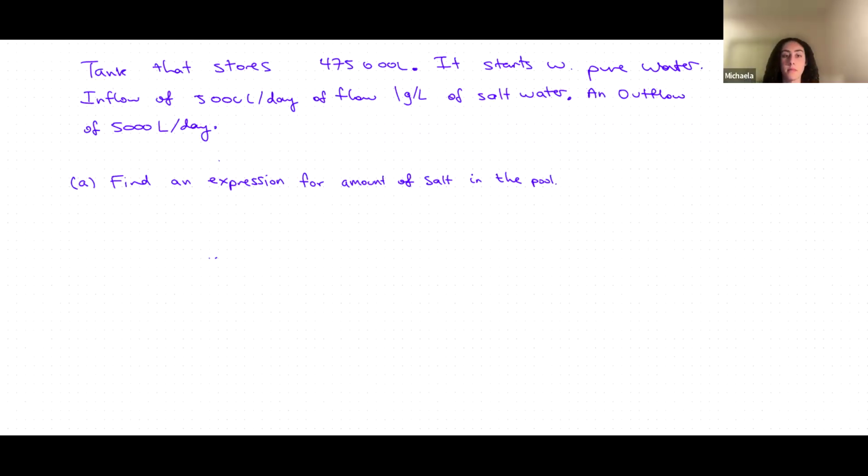So if there's 5,000 liters a day flowing in, and 1 gram of that is salt water, you can keep thinking. I'm just going to draw a diagram.